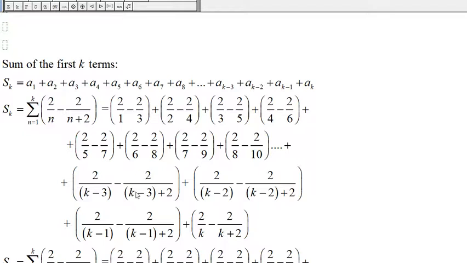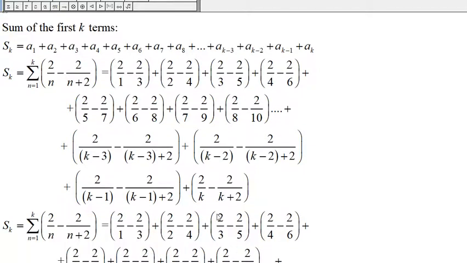For the k minus 2 term, in the place of n put k minus 2. For the k minus 1 term, in the place of n put k minus 1. And when we get to the kth term, in the place of n put k.